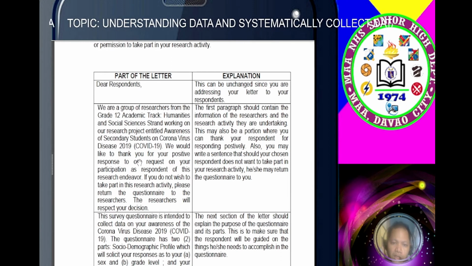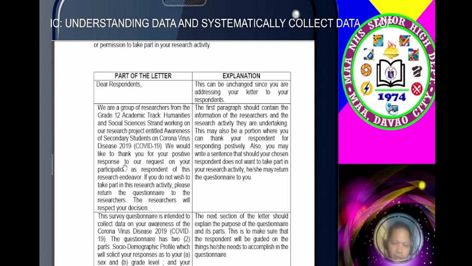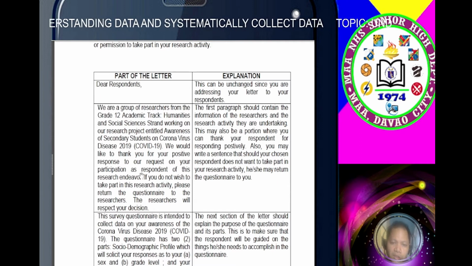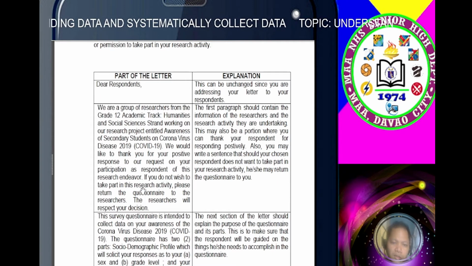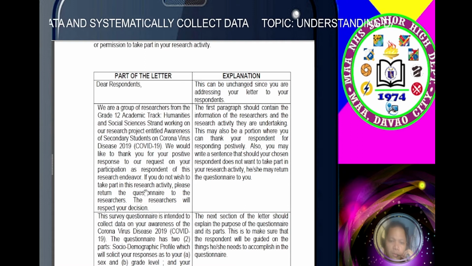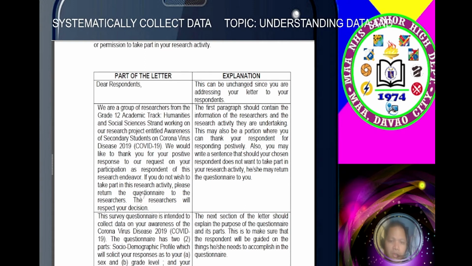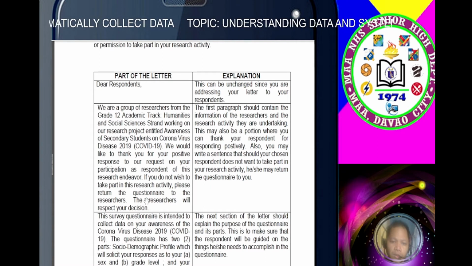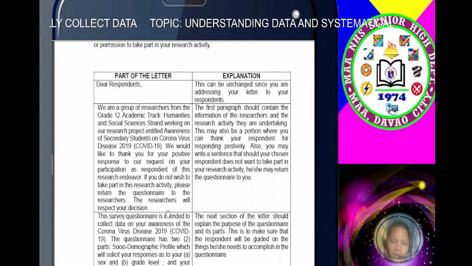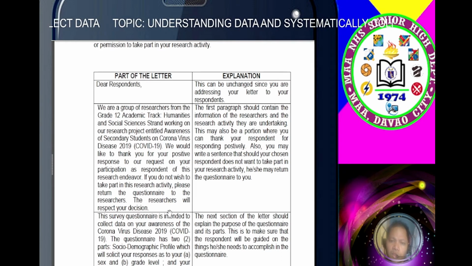We would like to thank you for your positive response to our request for your participation as respondents of this research endeavor. If you do not wish to take part in this research activity, please return the questionnaire to the researcher. The researcher will respect your decision.